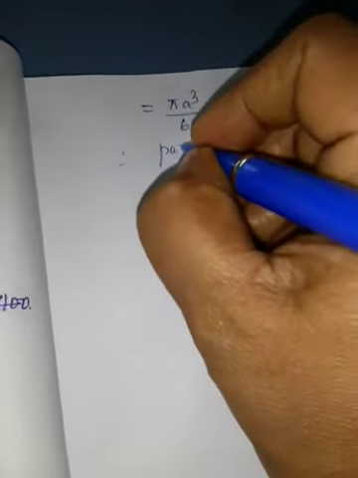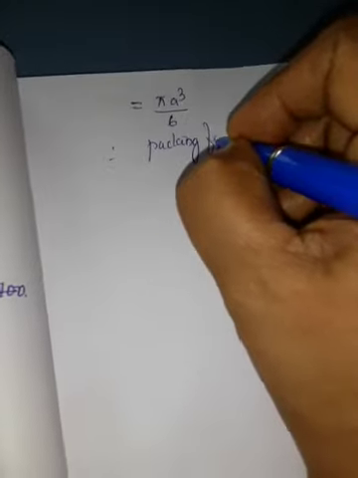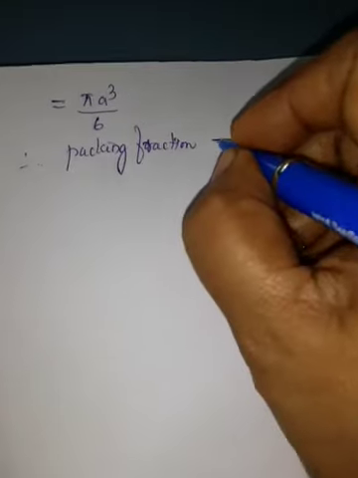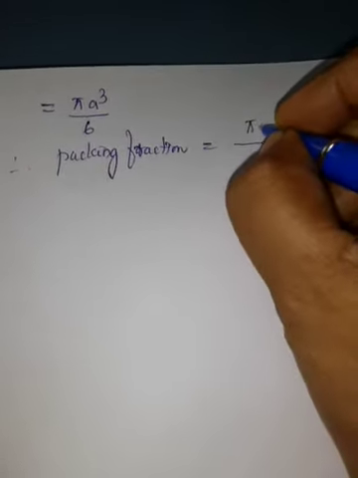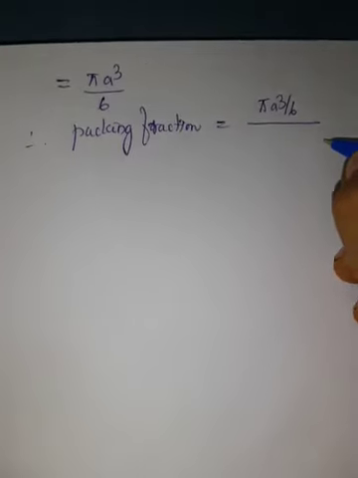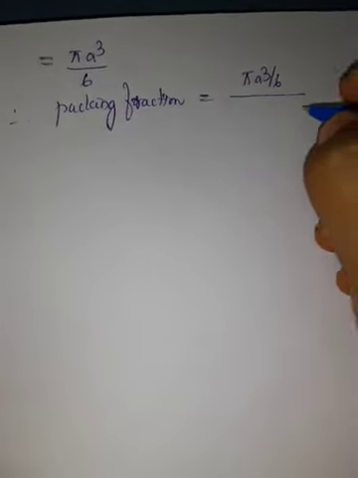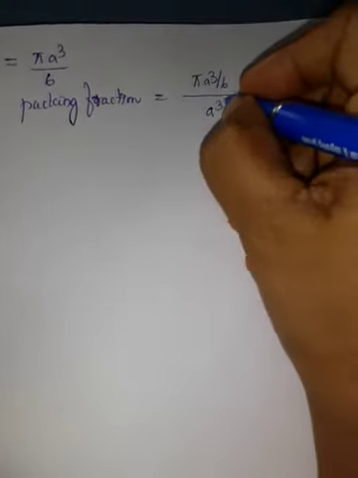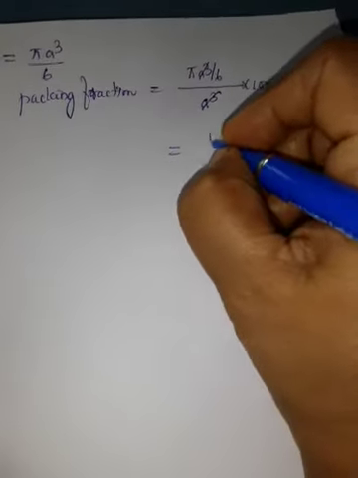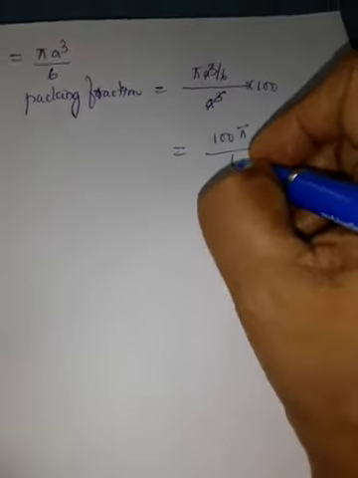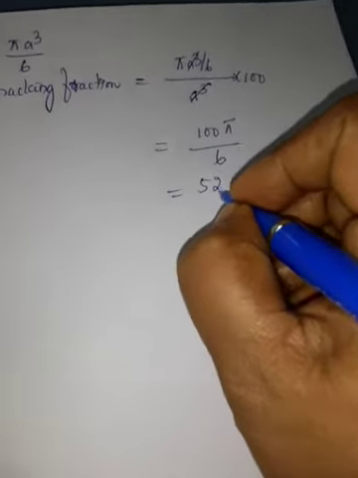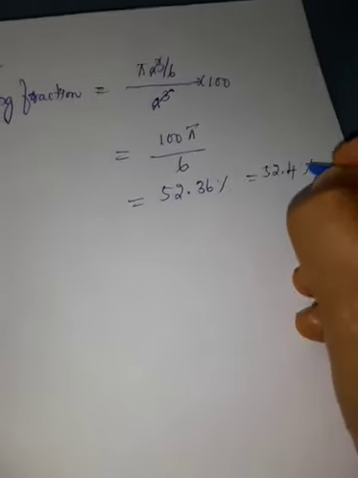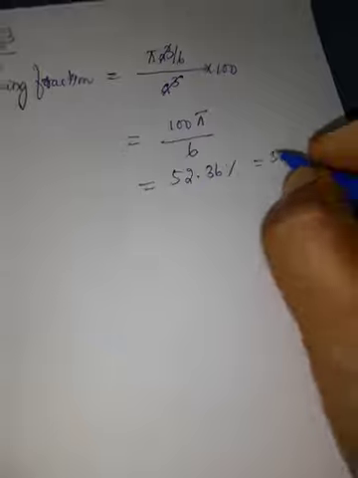Therefore, packing fraction is equal to total volume occupied by the spheres in the unit cell, pi a cube by 6, by the volume of the unit cell with edge length, that is a cube, into 100. So a cube gets cancelled. Therefore 100 pi by 6, that is 52.36%, which is equivalent to 52.4%. Remaining is vacant space.